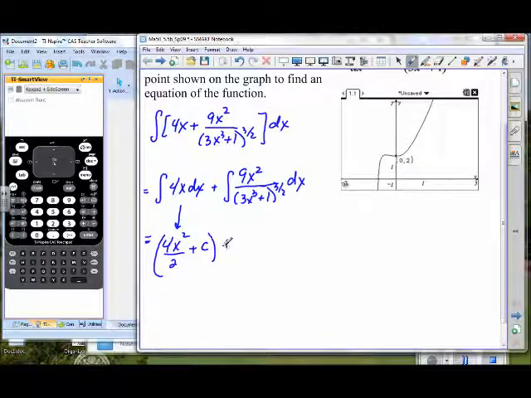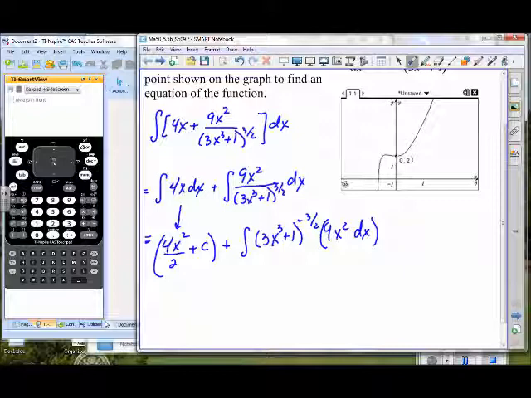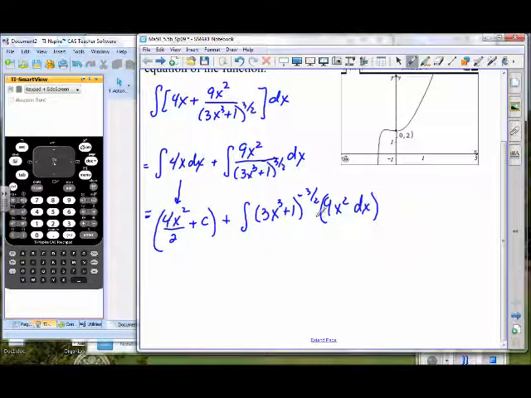The second one isn't quite as easy because we do have a composite function. To get started, I'm going to write this as 3x cubed plus 1 to the negative 3/2 power, and then 9x squared dx in parentheses together. The first integration is done. The second one is the one we need to work on. We have to be able to recognize, is there a composite function? And of course there is.